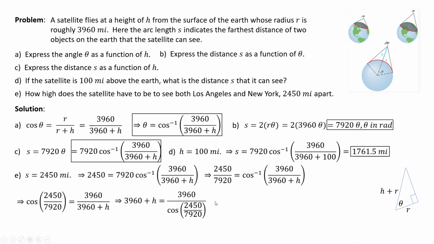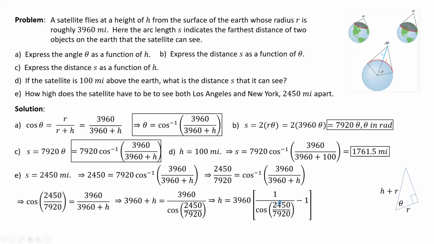So what I did is when I subtracted 3960, I observed that there's a 3960 on the numerator here and minus 3960. So I factored out a 3960 and wrote this as 1 over this minus that. If you don't believe me, just distribute and see that's exactly what it is. Would you agree when we distribute, you have 3960 over cosine of this thing minus 3960?